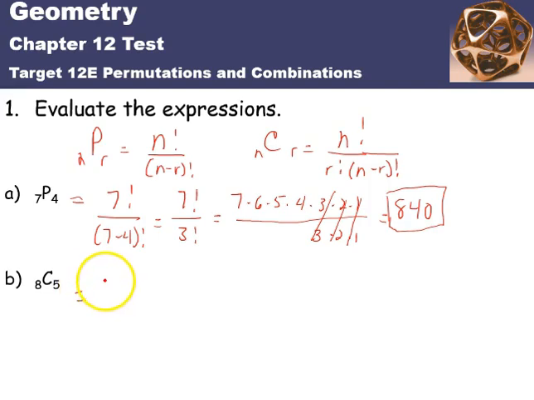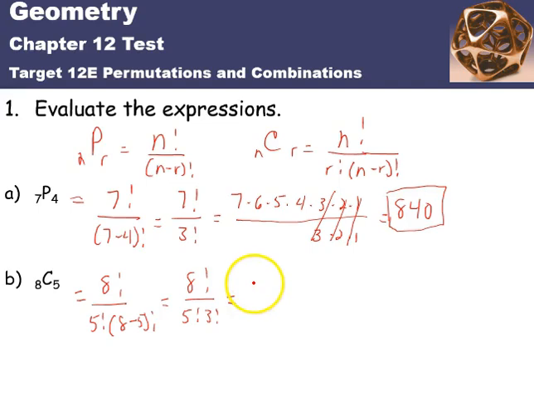So again, the combination of 8 choose 5 is going to be 8 factorial over 5 factorial times 8 minus 5 factorial. So this is going to be 8 factorial over 5 factorial times 3 factorial. Now, you'll notice that we have 5 factorial. So I really only need to write... Hello, anyone home? So I can hear you.